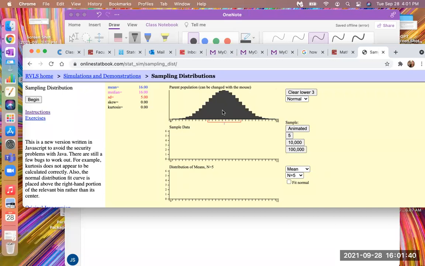Let's just pretend this is the frequency distribution of the original population of laptops. Some needed to be replaced really quickly, and others you didn't have to replace after 10 years. And of course, the ones that last a really long time were very, very few.